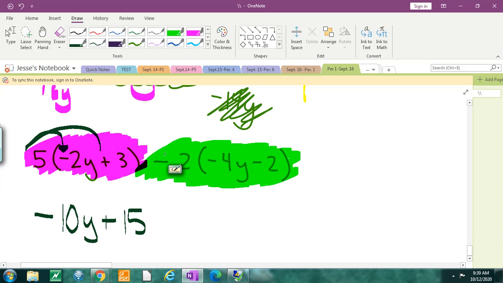So first do the sign or the number? So the negative times the negative, right? What's negative times negative? Positive. Very good. And 2 times 4y? That's 8. So 8y. Very good. Okay. Alejandra, the next one, what do I multiply?